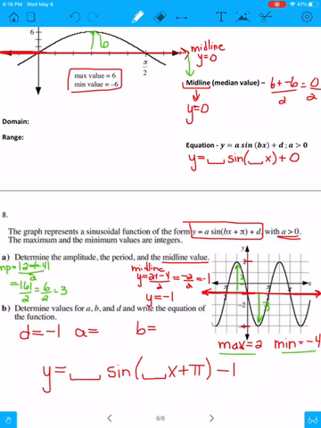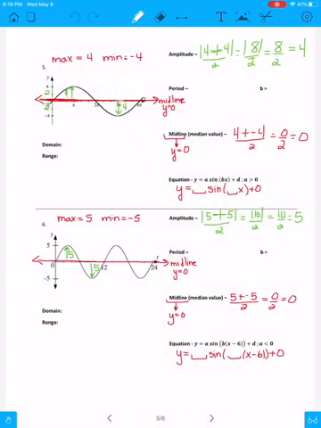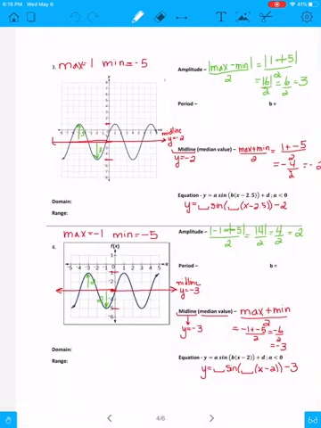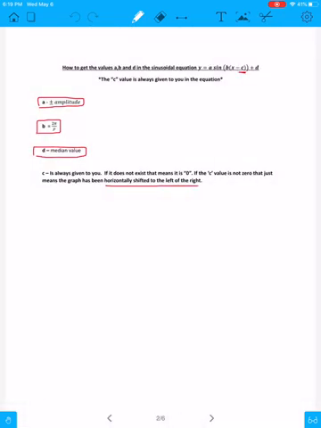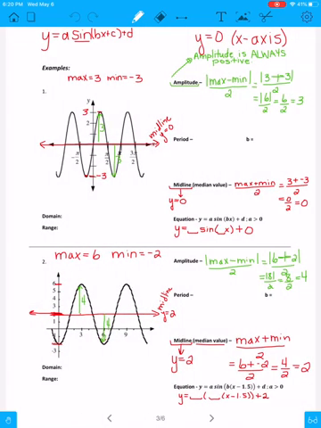Okay, what does the amplitude help us in the equation? So we're going to go back to page 2. Okay, our A value is plus or minus our amplitude. So our A value can be positive or negative, our amplitude. They have to tell you in the equation if it's positive or negative. So let's go through and fill in our A values now that we have our amplitudes.